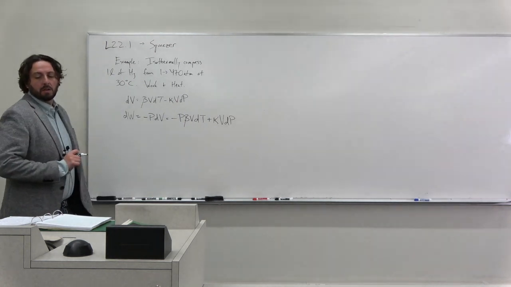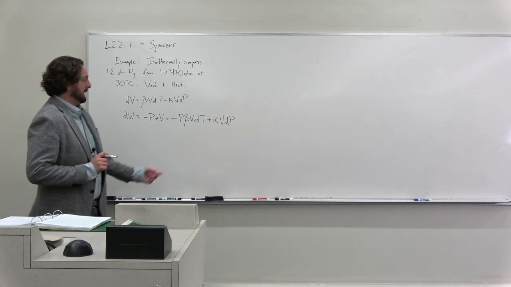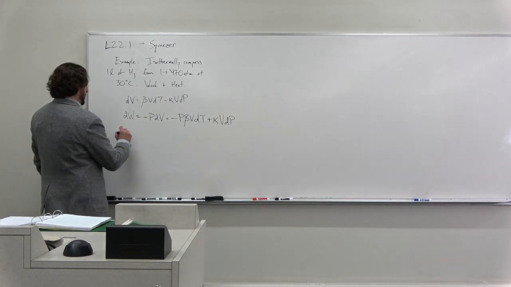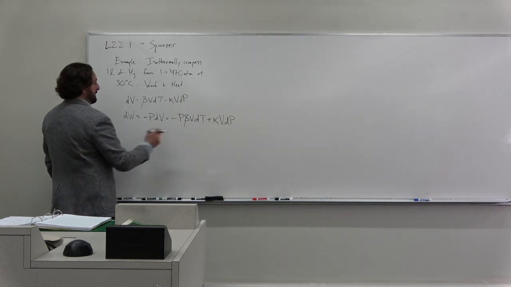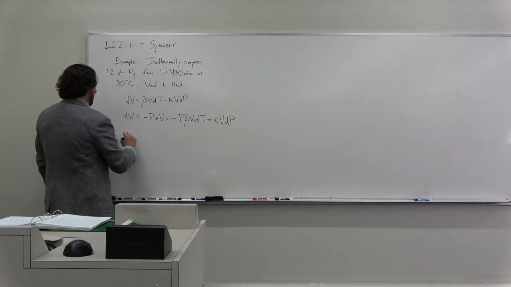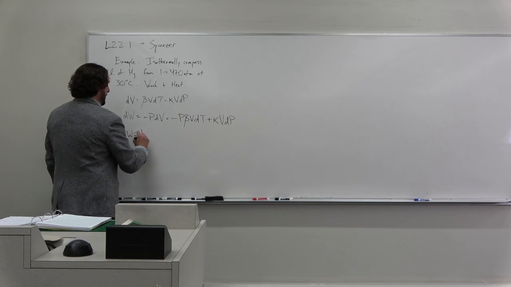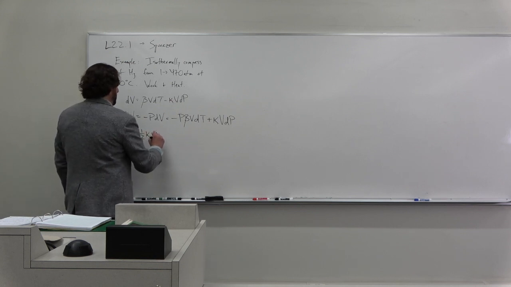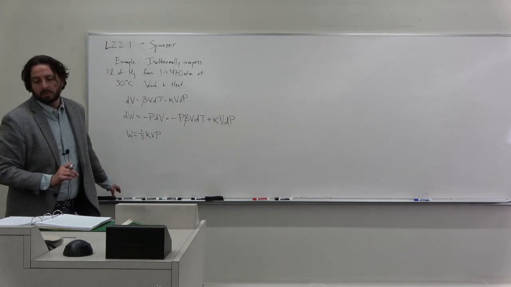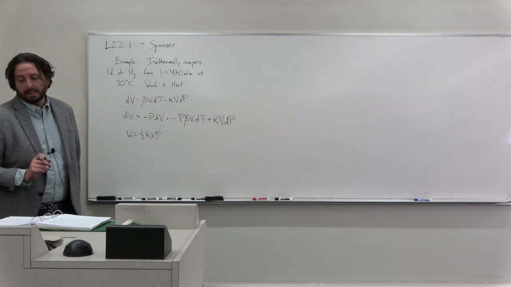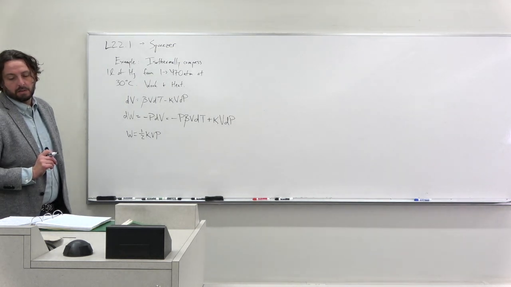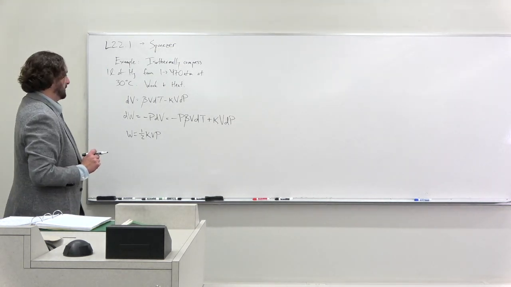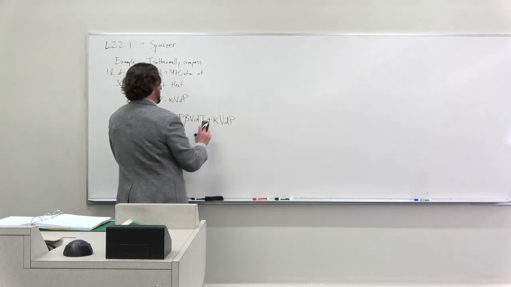And so what we did was we put in our work. We did this integral. For an isothermal process, dT was 0. We did the integral, and our work was 1/2 kappa V P squared... Oh, yeah, I missed the P here.